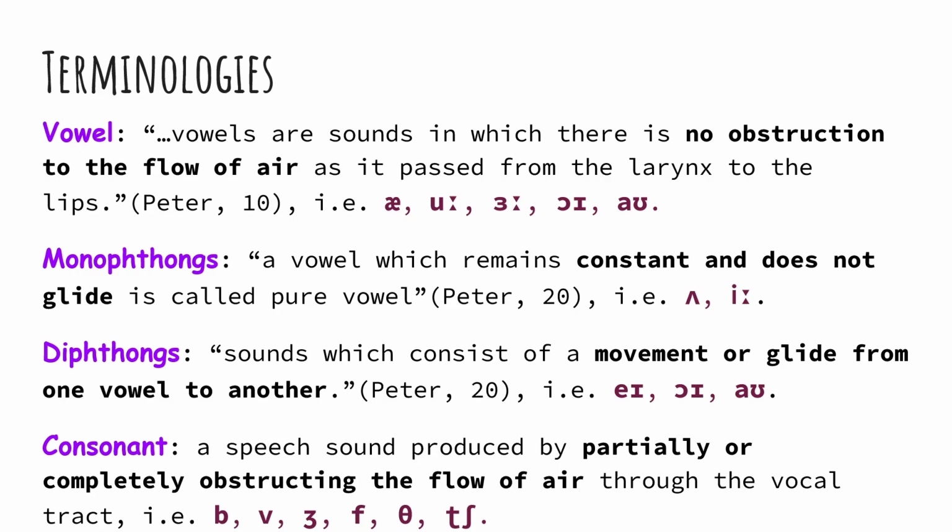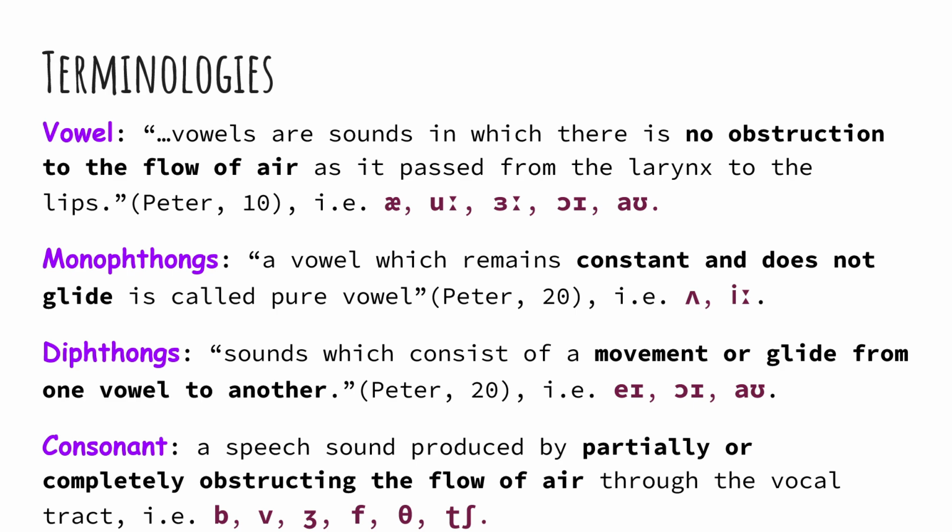The term monophthongs refers to a vowel which remains constant and does not glide. It's also called a pure vowel. Examples of phonetic alphabets are a, e.